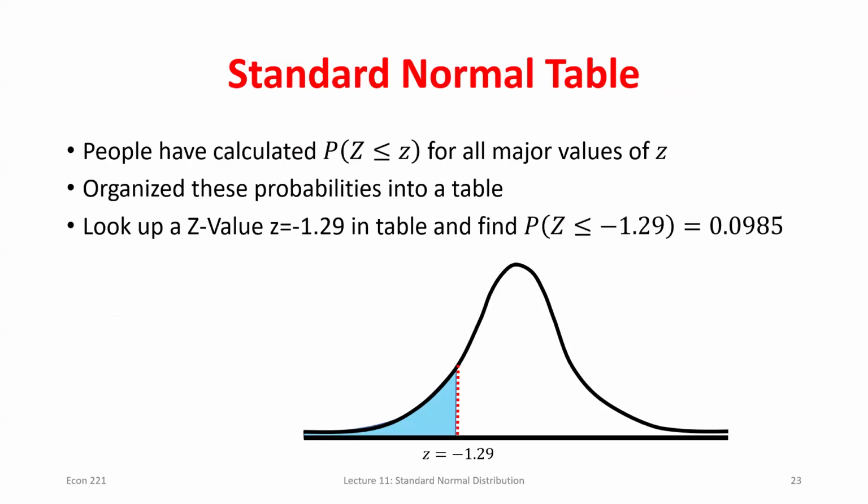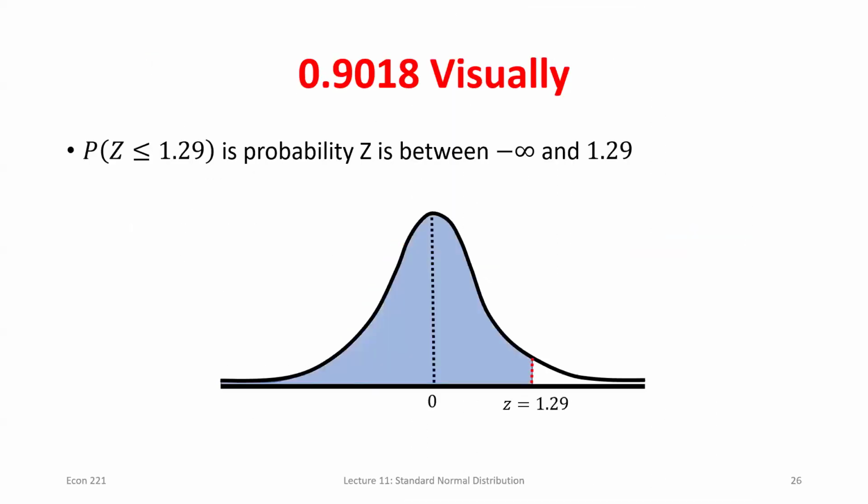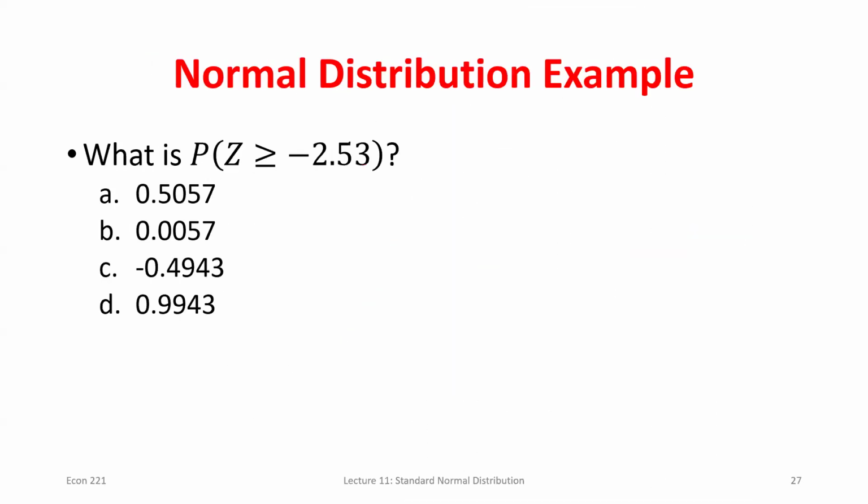So if I go out to a z-score of negative 2.53, the area to the right of that must be greater than 0.9, right? Because I know the area to the right of negative 1.29 was 0.9. So if I go even further out, the area to the right has to be something larger than that. So when I'm thinking about a question like this, I know automatically that that probability has to be greater than 0.9.